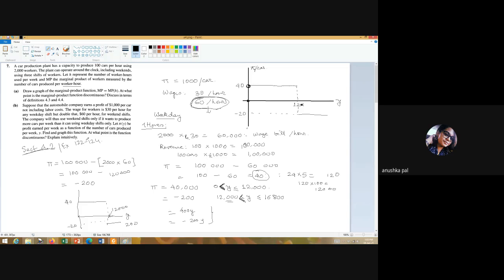So also, how are we supposed to derive the cost function and profit function from the production function? Okay.